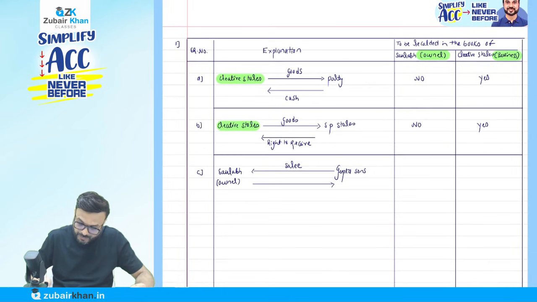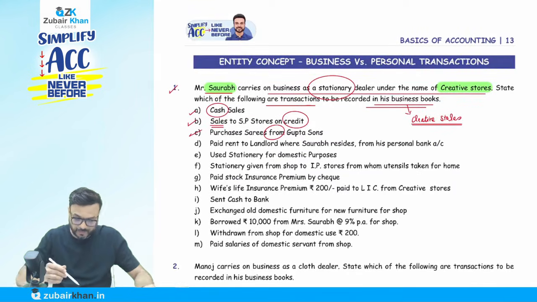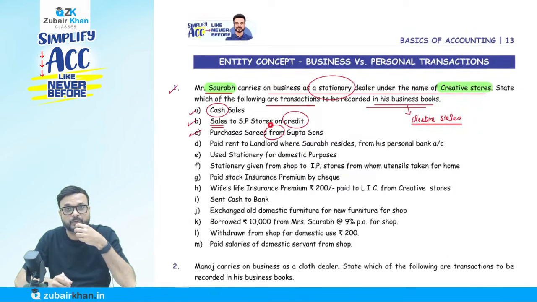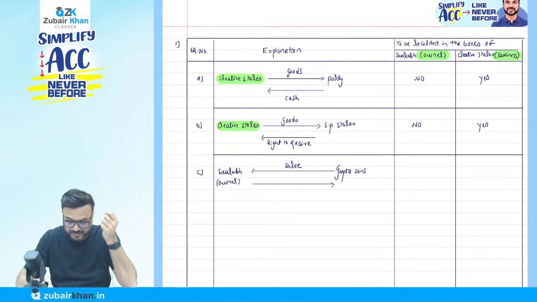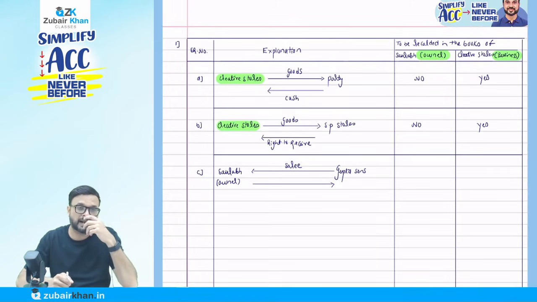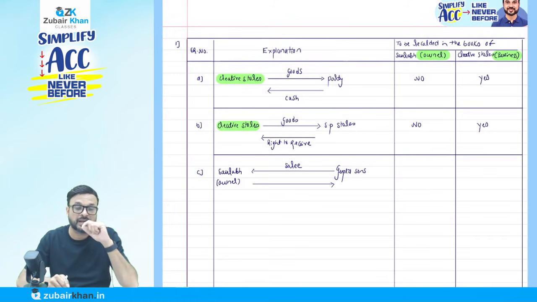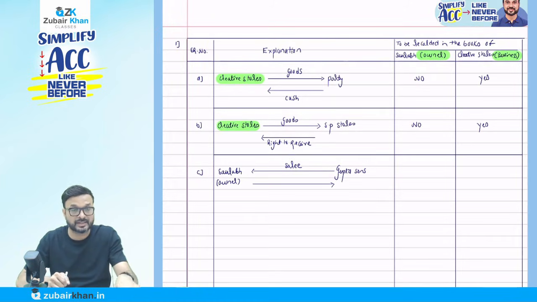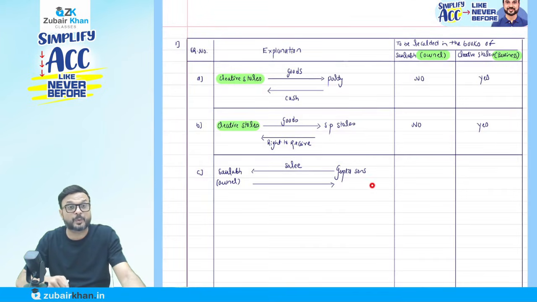Now we are discussing point number C. It is mentioned in the question that he purchased a sari from Gupta Sons. Obviously the owner is going to purchase this sari, the business will not purchase a sari. So whether it's a cash transaction or credit, how to decide? I will call it a credit transaction because it is not mentioned in the question that it's cash or credit. Then I have to see the name. The name of the other party is given, Gupta Sons.